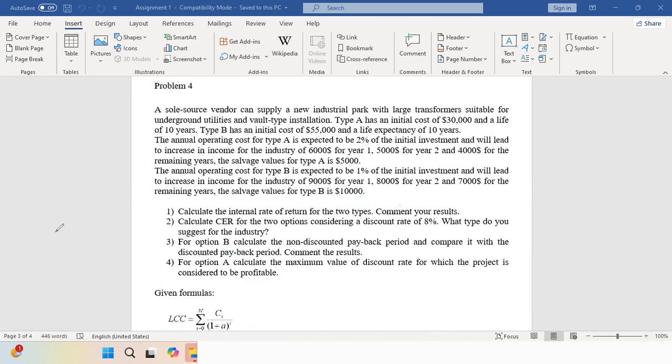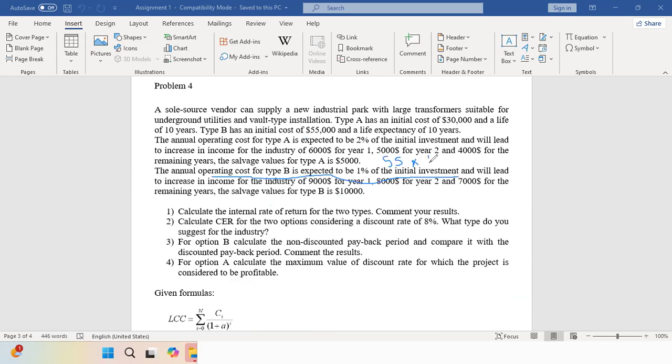Doctor, what is 0.55n? 0.55n is the operational costs, because the annual operation cost for type B is expected to be 1% of the initial investment. So you have 55,000 times 1%.